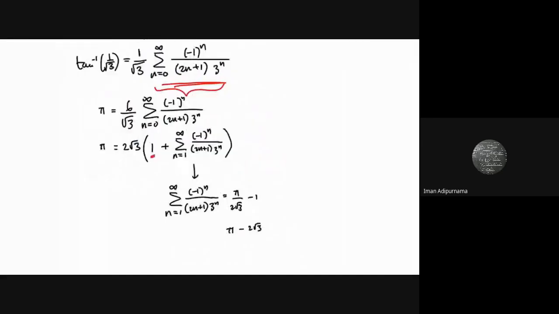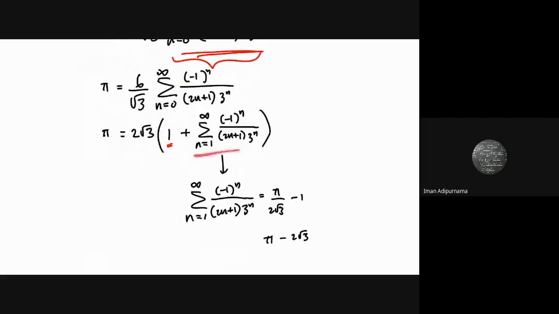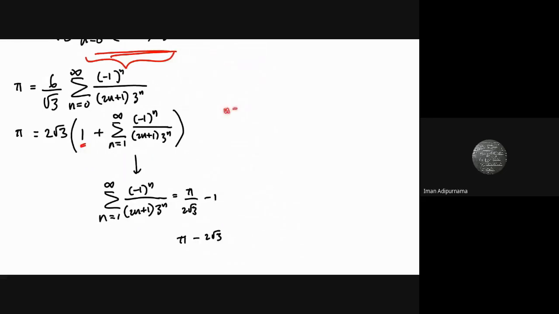Yeah. So if that happens, then you can make it this way. Sometimes if you want to change from here to here, you can shift the n, for example n plus 1 becomes n, or n plus 2. It's also applicable. You can also choose that way.